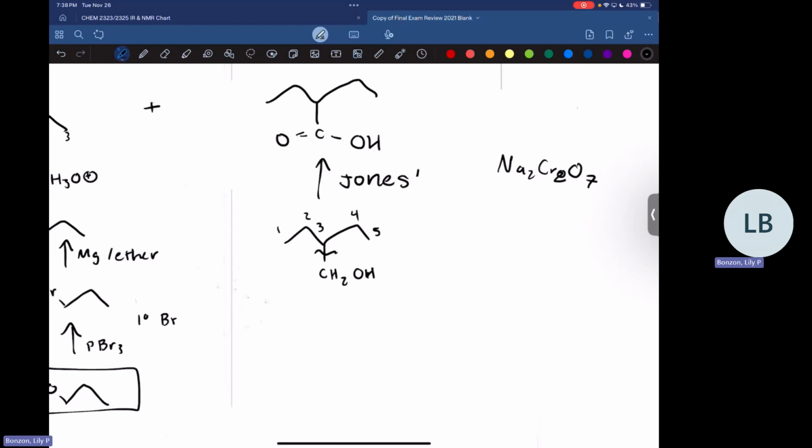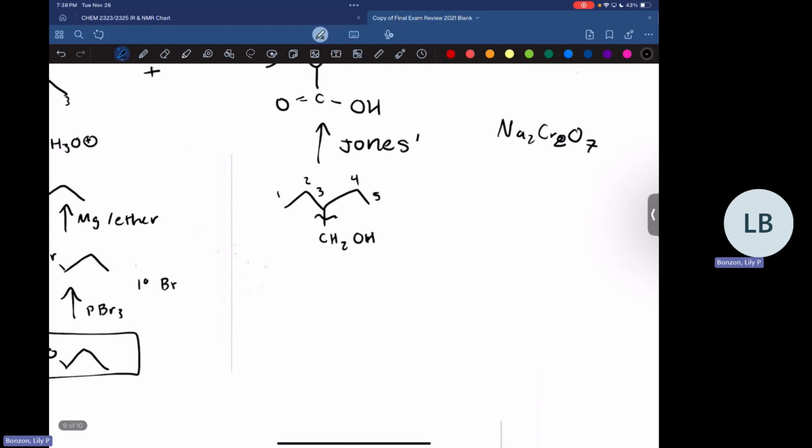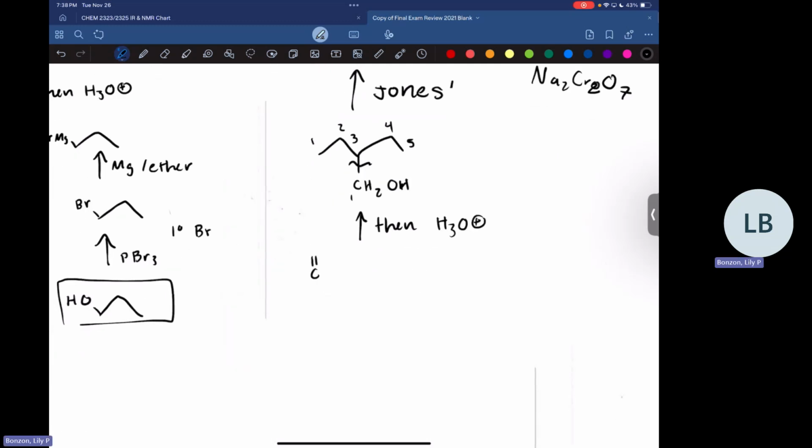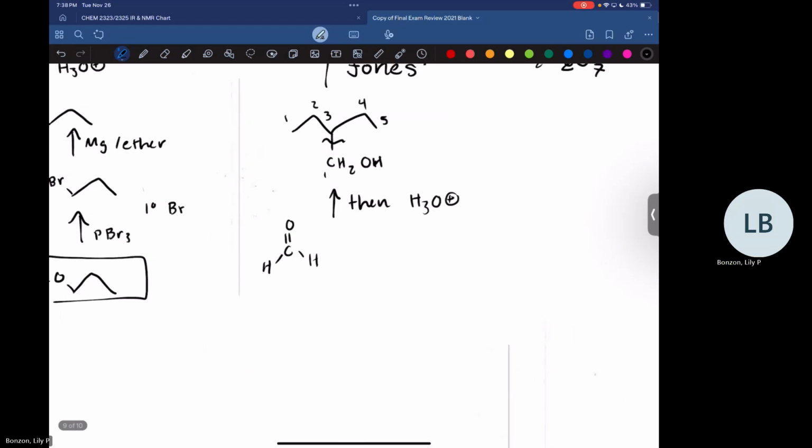I'm just going to split here, because that would give us a 5-carbon piece and a 1-carbon piece. So for Grignard, again, then H3O+ over the arrow. Our double bond part will be a single carbon aldehyde. We can work that back with PCC to form methanol.